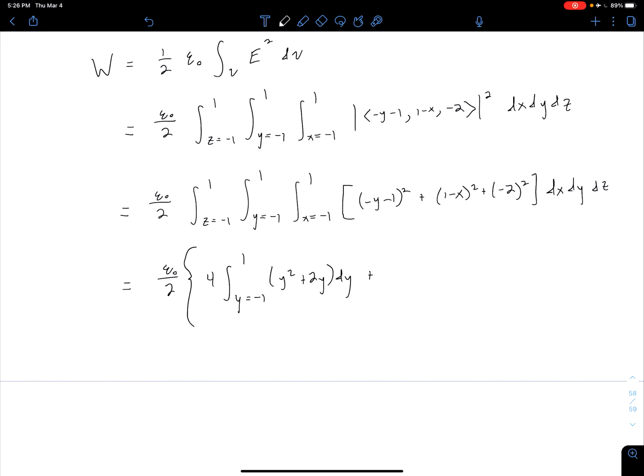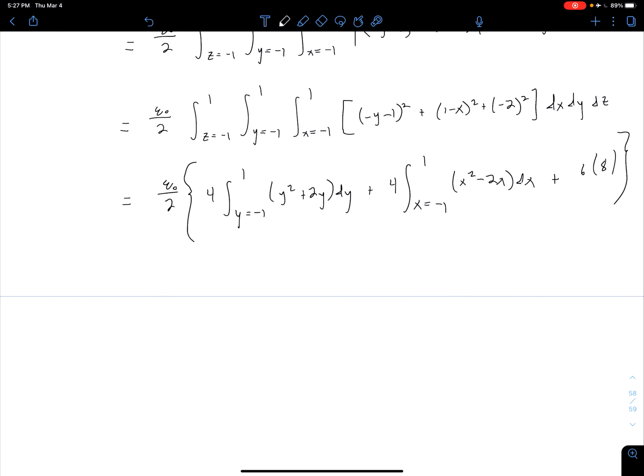Because there's no x dependence in that area, I don't have to keep that with my x and z integrals. I also get 4 times the integral from x equals negative 1 to 1 of x squared minus 2x dx, plus 6 times 8. The z integral we could evaluate because we didn't have any z variable, so that's why we just have a constant there for that last part.